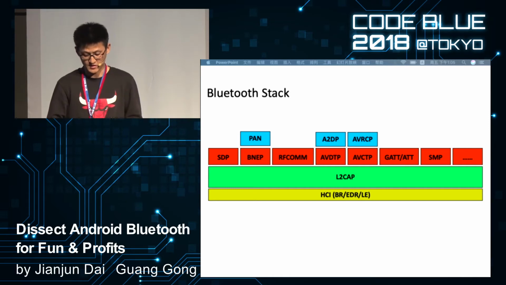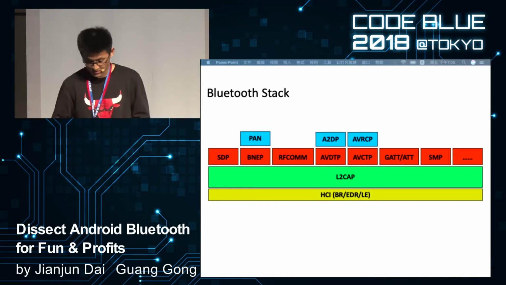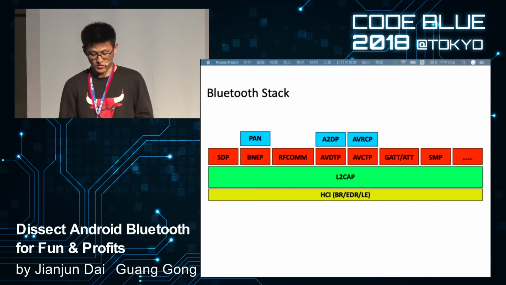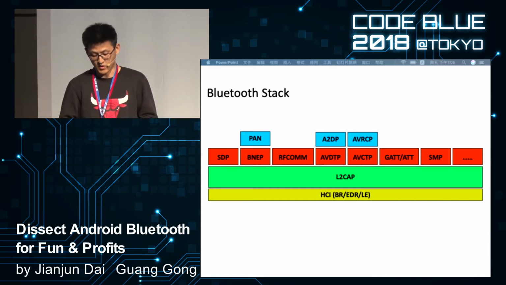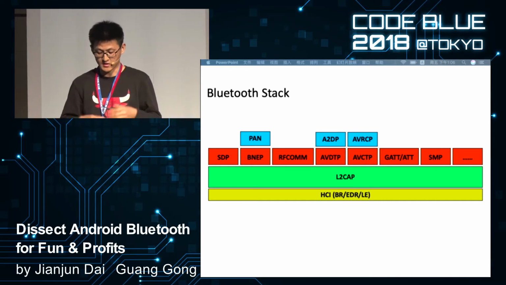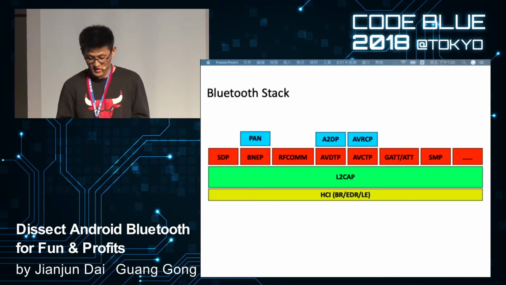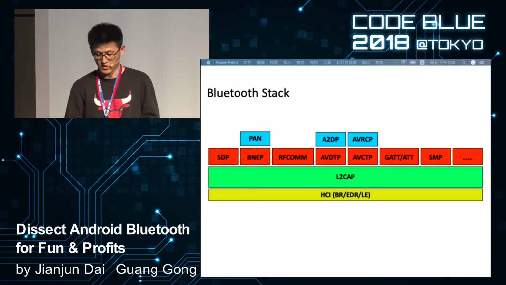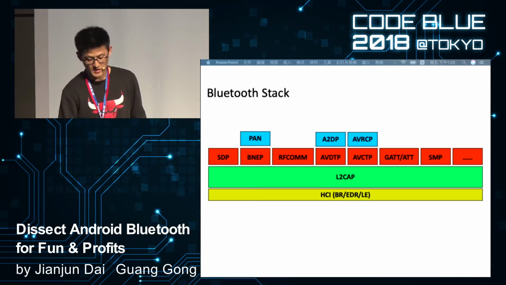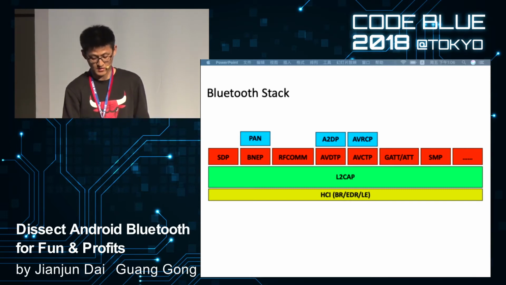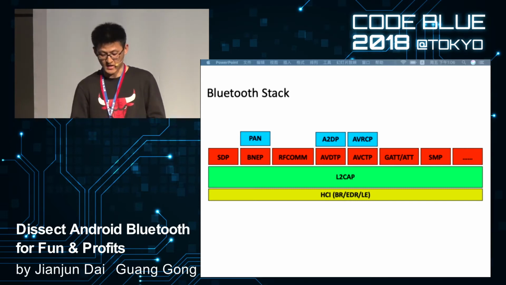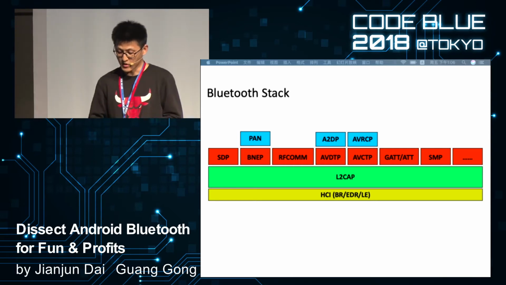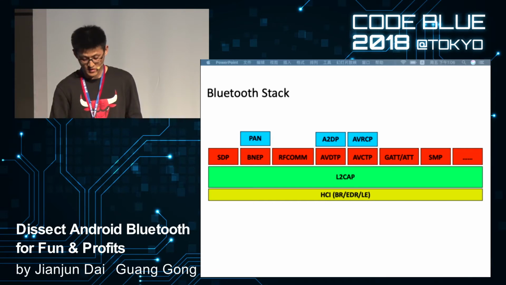The second layer is L2CAP, the logical link control and adaptation protocol. Like TCP, it supports various application protocols for different function models like SDP, BNEP, AVRCP, SMP. So L2CAP and above are implemented in the Bluetooth stack. I will introduce these protocols in detail later.